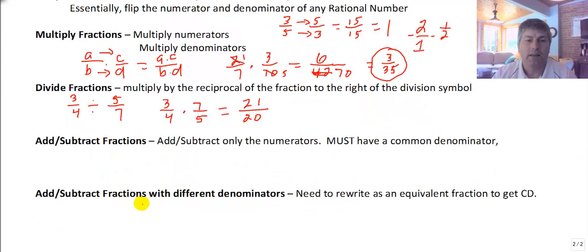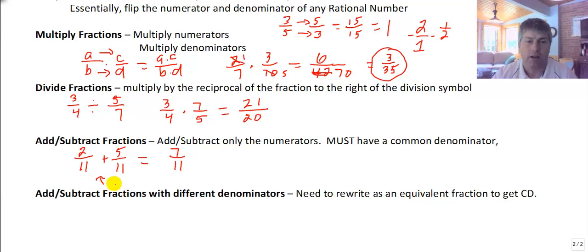Adding and subtracting fractions, a little bit more challenging. When we add and subtract fractions, we add only the numerators, but we must have a common denominator. So we leave the denominator, once we have a common denominator, we leave it alone and don't do anything. So a simple one, like 2/11 plus 5/11 equals 7/11.